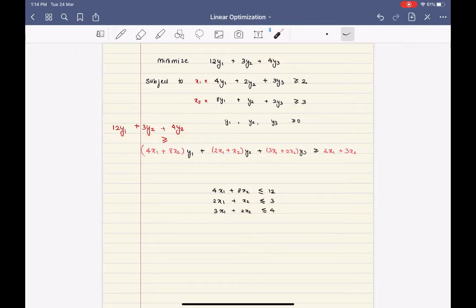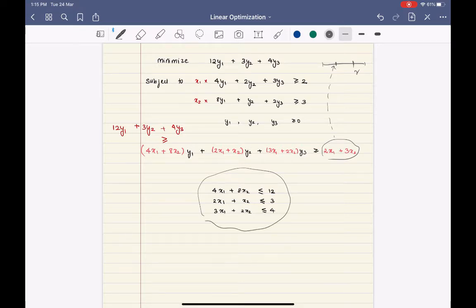Okay, now if gamma is the optimum of this LP, now this 2x1 plus 3x2 will lie somewhere here for different values of x1, x2 that satisfy these equations.